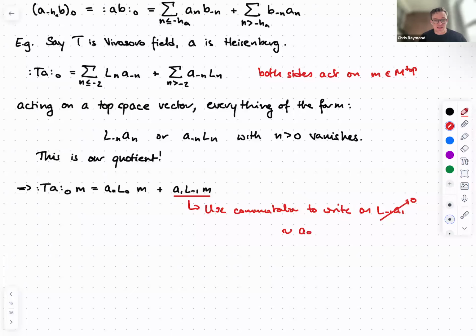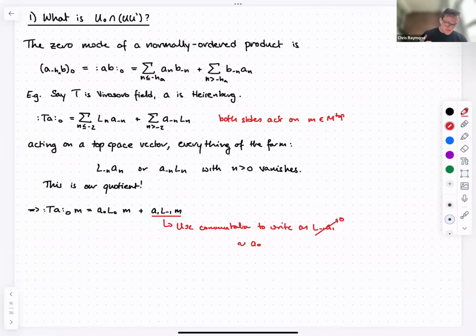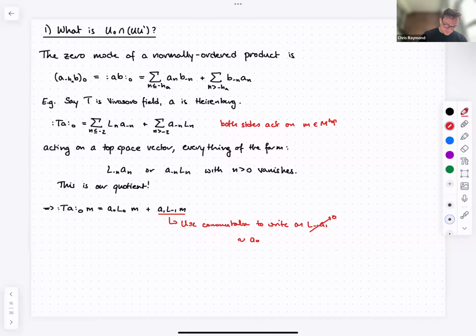In this particular case, I'm going to get something proportional to A0 because that's just the commutation relations that I have access to. So we can see that this whole construction is in a sense sensitive to the structure I have on V. I need to know things like relations, my commutators, I need to know the OPEs. But when I do have such a thing, we have a nice calculational framework.